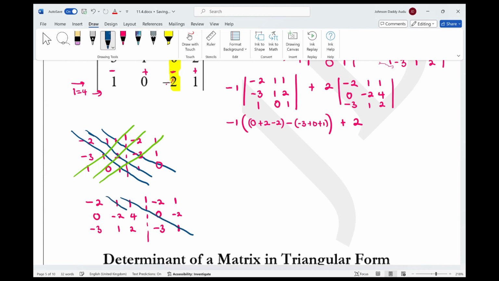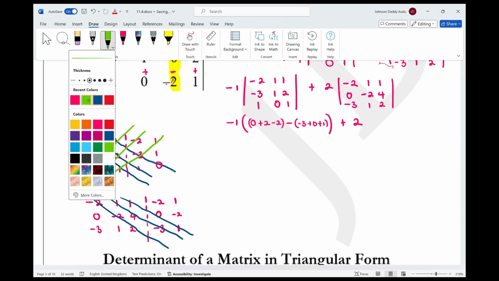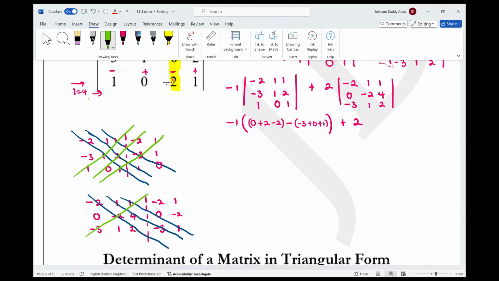We have this one. Okay, so here we see that these two are free. So here will be 3.